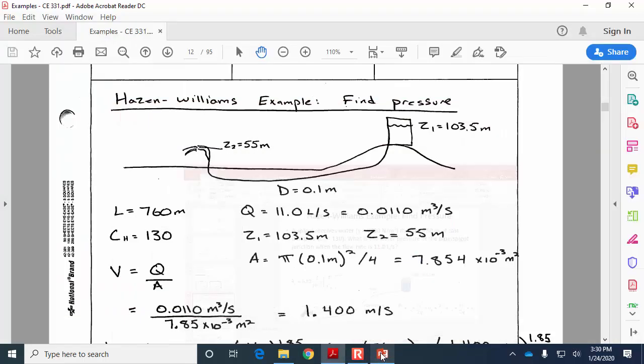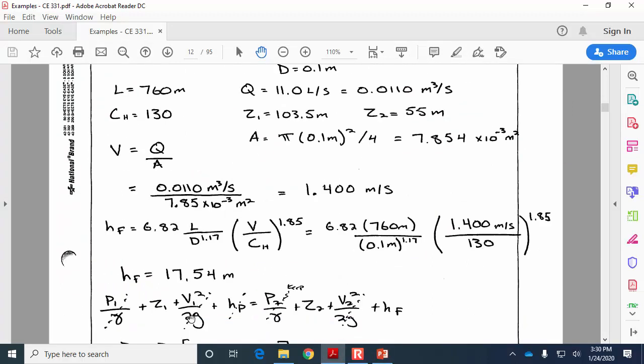Cancel out the V1 term because it's a tank of water that's not moving. And I canceled out the V2 term. I guess you could debate leaving it in because the water's maybe still moving as it goes through the spigot, but it doesn't end up having much of an effect. I accidentally crossed out the P2 term. I shouldn't have done that.